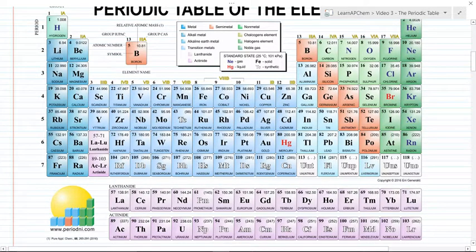Similarly, fluorine, chlorine, bromine, iodine, astatine. These are all very reactive as well because these have 7 valence electrons, and all they need is one more electron to fill their octet. So any atom that's willing to give them electrons, they're willing to take.